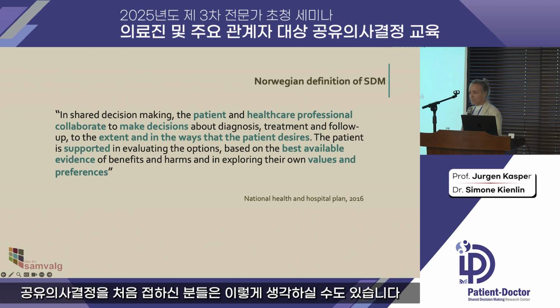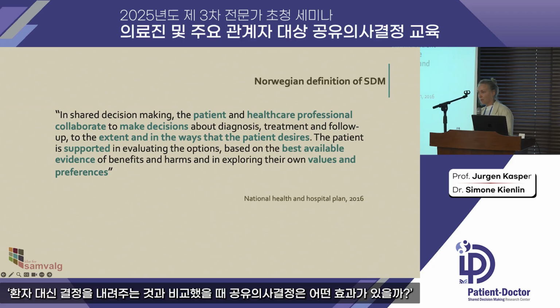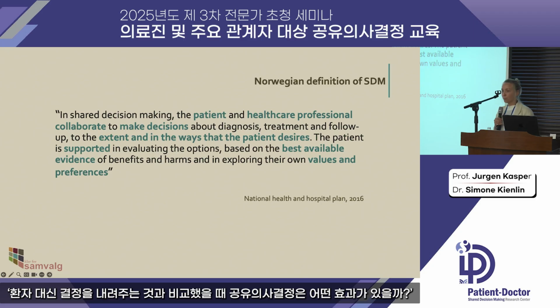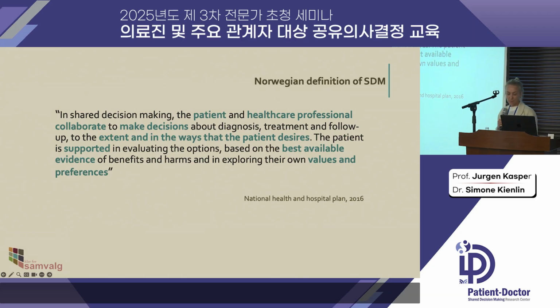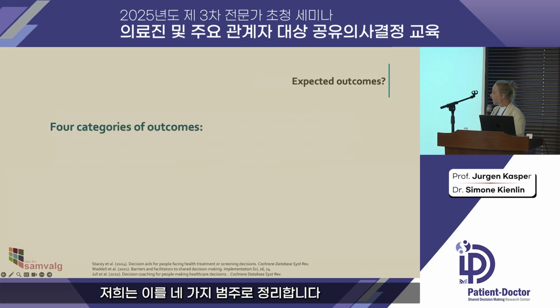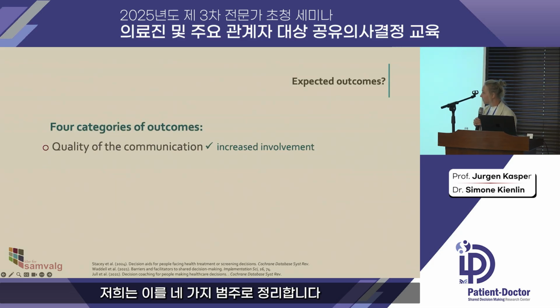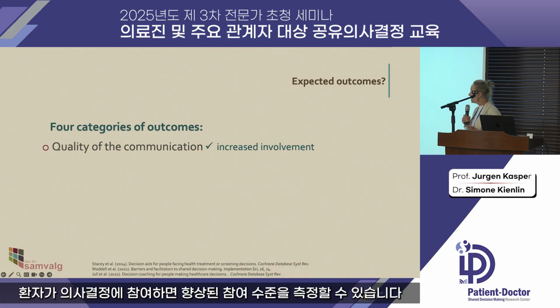So now maybe some of you who are not so familiar with shared decision-making are thinking, but what are the expected outcomes if we do shared decision-making compared to making decisions on behalf of the patient? So we usually categorize them in 4 different categories. The first one is the quality of the information. So we can measure that if we include patients in the decisions, there is increased involvement.